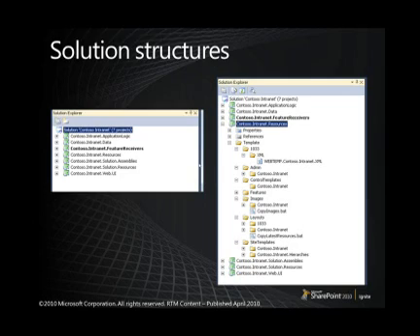But for example, the web controls and web parts can be deployed to the bin folder. And then we had the solution structures and the solution compilation included in this structure as well. I will show that as part of the demo a little bit later on.